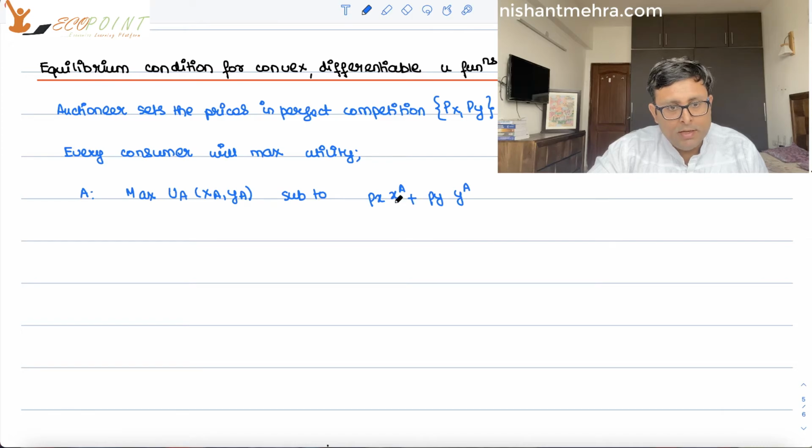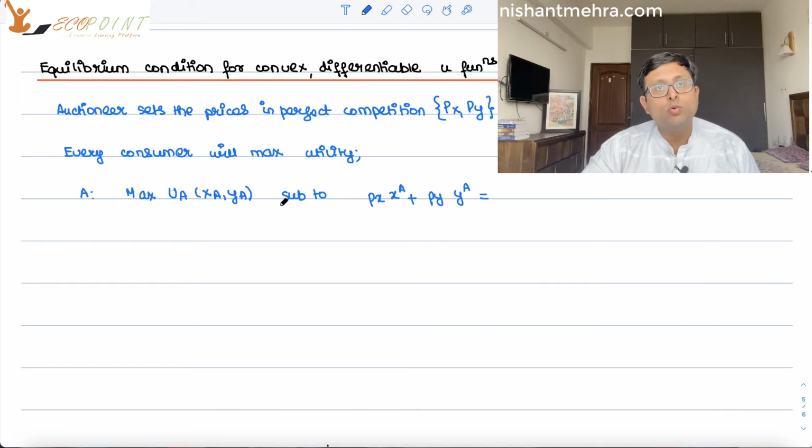So his expenditure in consuming XA, YA is PX times XA plus PY times YA. This has to be equal to his income. What is his income? In this endowment economy, in this exchange economy, we are assuming that there is no outside income. So whatever is his endowment, the value of that endowment itself is just the income.